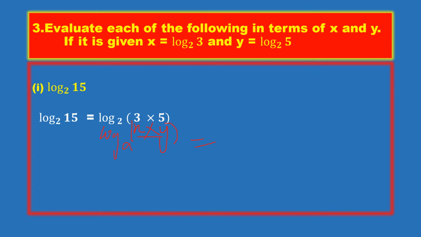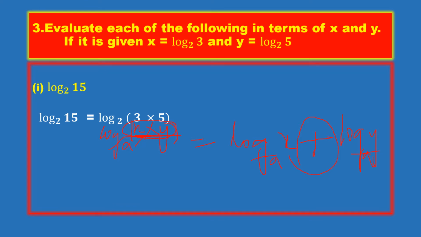Whenever the logarithm is under multiplication, the log will be with plus. So log x plus log y, to any base. Whenever multiplication is there, the formula is with plus and log is given to both of them.